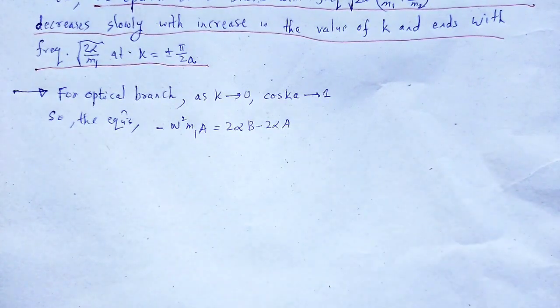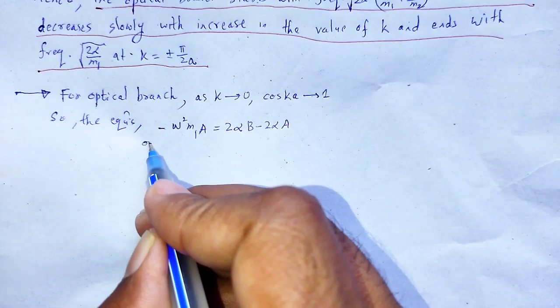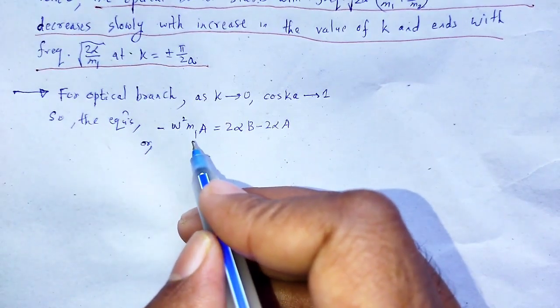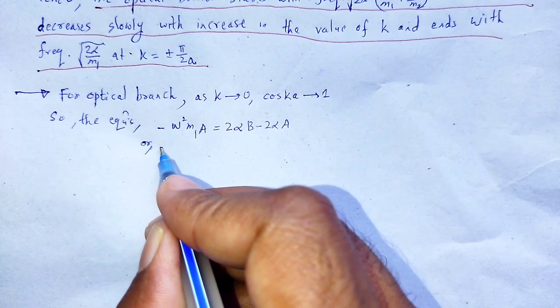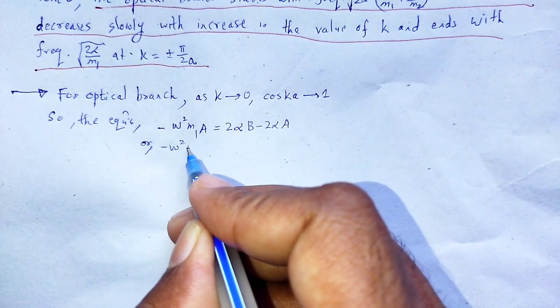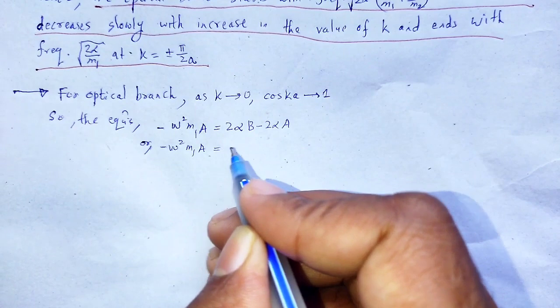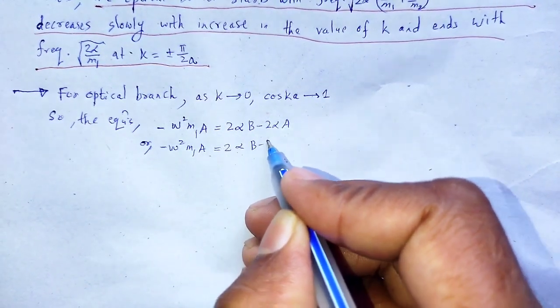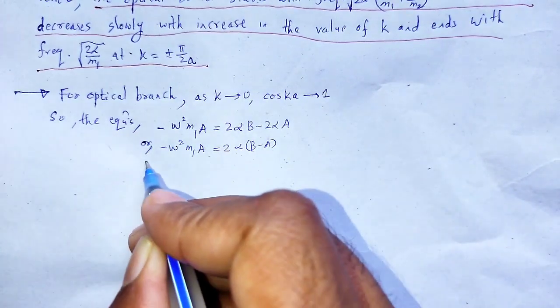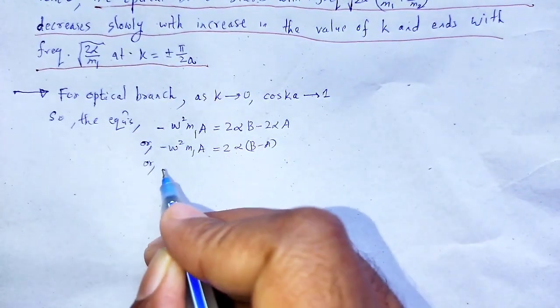From that equation we can find minus omega square m1 a is equal to 2 alpha, as common, b minus a, or negative is multiplied here.